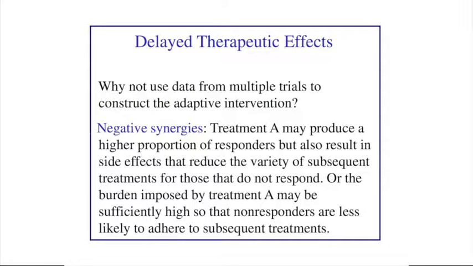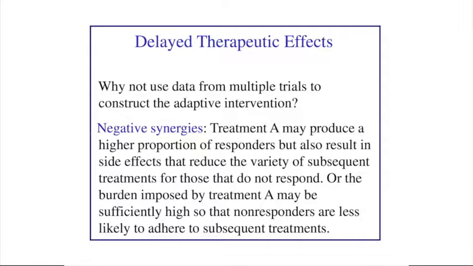Negative synergies, unfortunately, occur all the time, and they hit you right in the head. Here's an example of a negative synergy. First, what is a negative synergy? You're comparing treatment A and treatment B. Treatment A looks fantastic. It produces many more early responders than treatment B. But unfortunately, treatment A, if you don't respond, is associated with certain side effects.